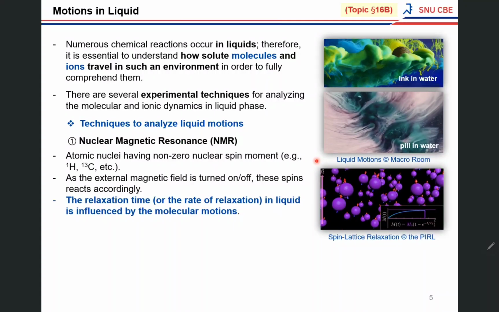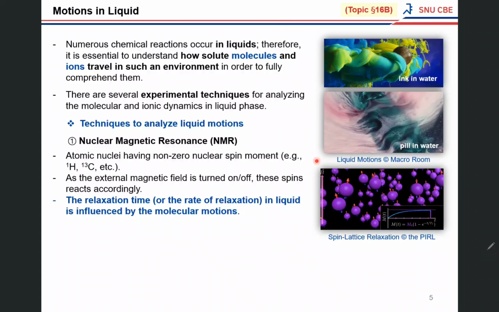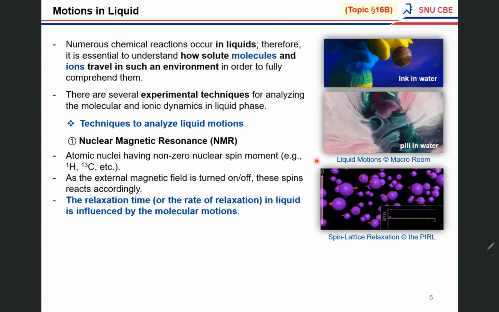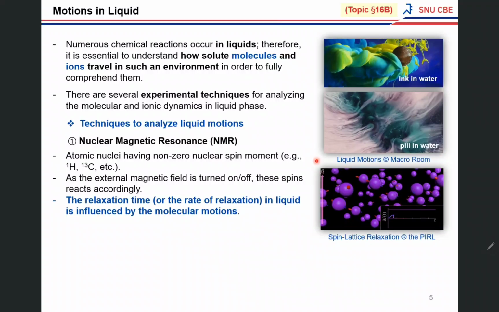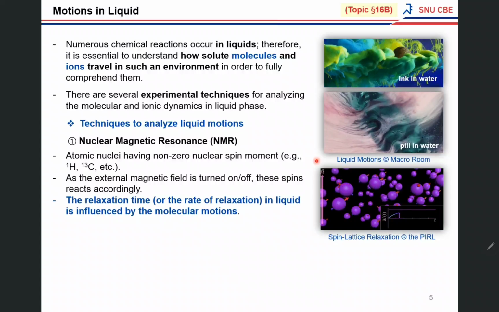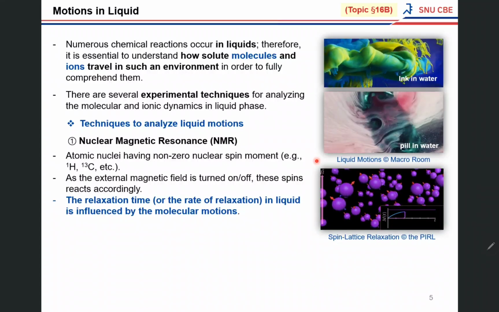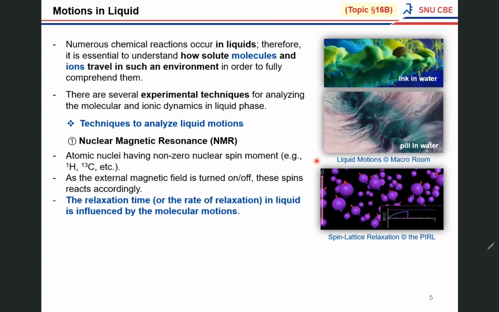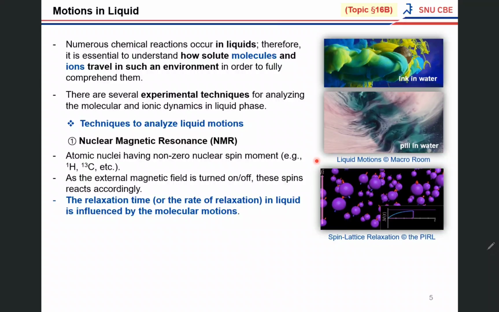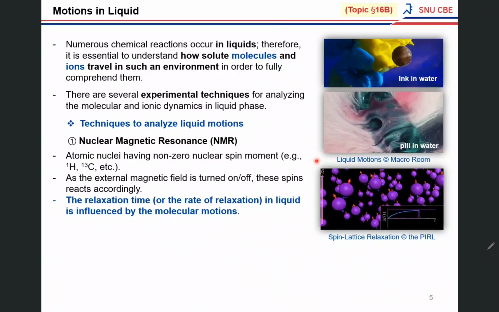The first is nuclear magnetic resonance. I'm pretty sure you might know that NMR is a technique to analyze the structure of organic molecules, probably from organic chemistry, but NMR has a very strong physics background and can also be used to analyze the motions in liquid, based on their intensity.